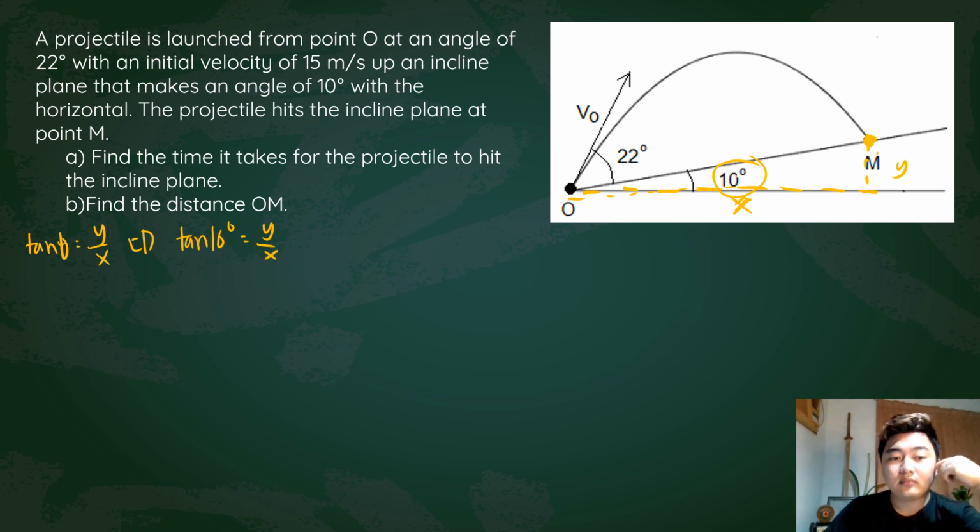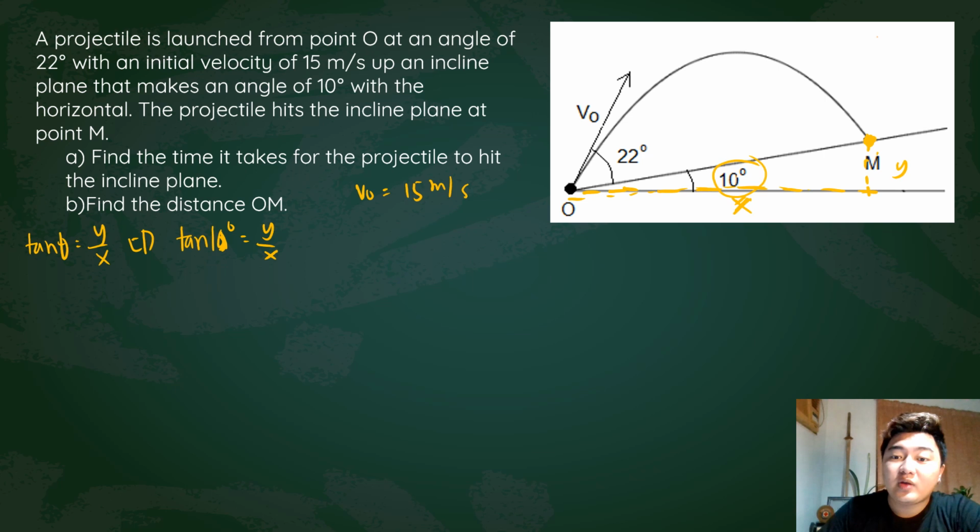Now, we also know that your initial velocity can be broken down into your components. So you have initial velocity, which is 15 meters per second at 22 degrees. But there's a question on what angle to use. Is it 22 or is it 10? So remember that we have factored in the x component or the displacement in x along the horizontal.